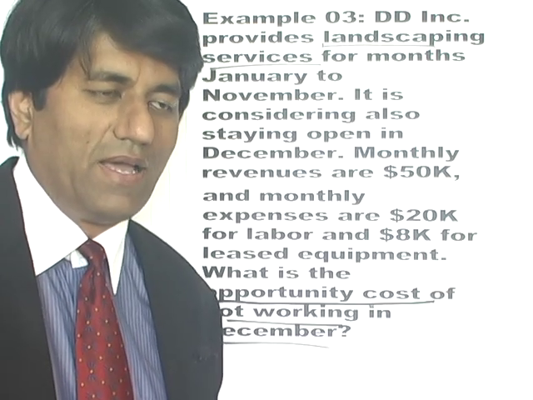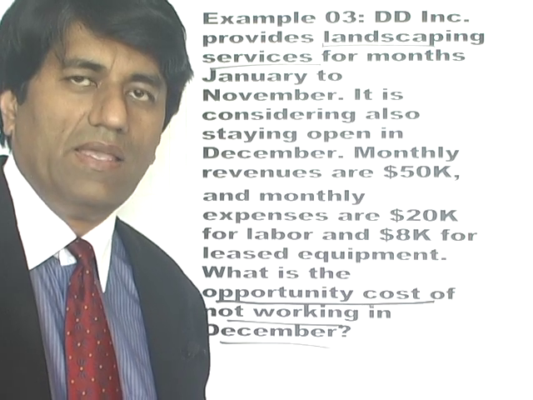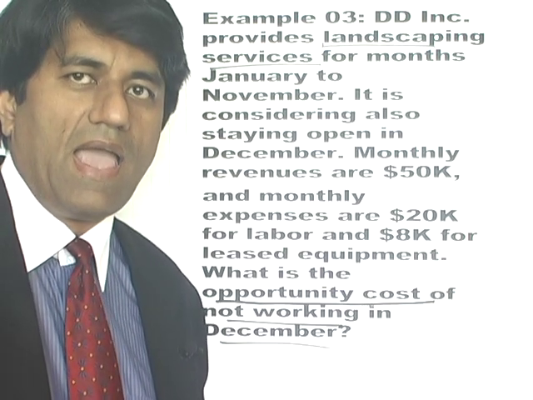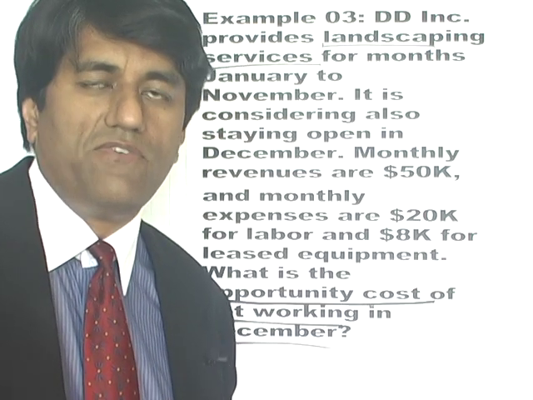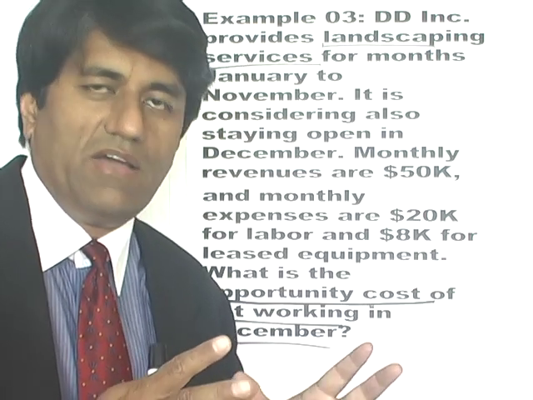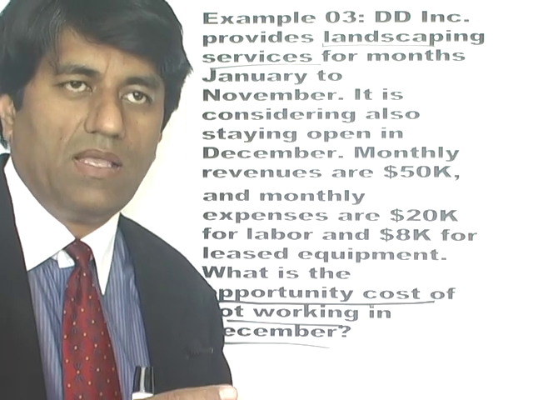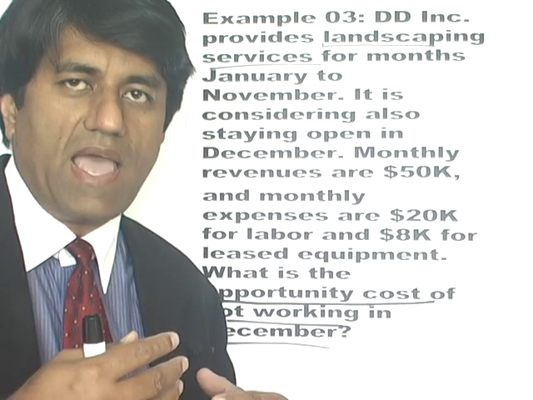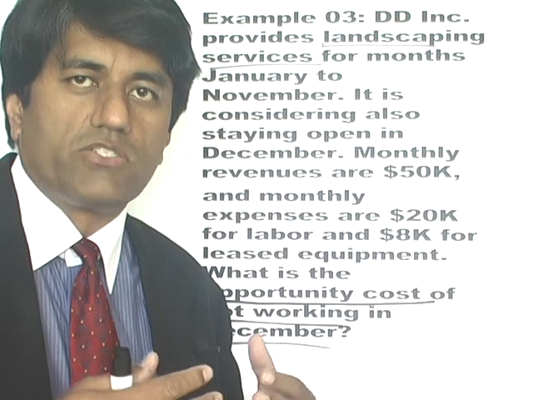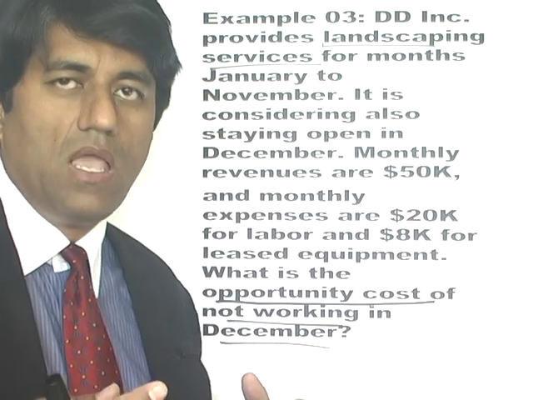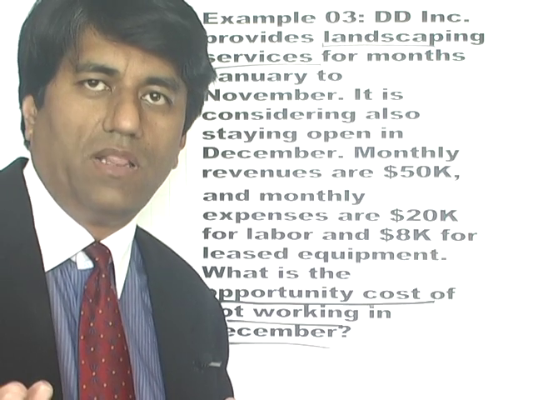So the owner, by not working in December, is doing something and not having to pay anybody. However, the firm is not operational. So what is the opportunity cost of having the firm not operational? What is the alternative use for the firm? The alternative use is to have it operational.